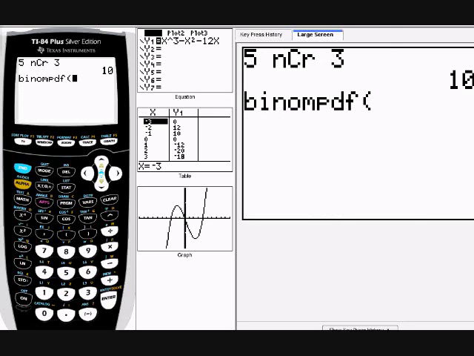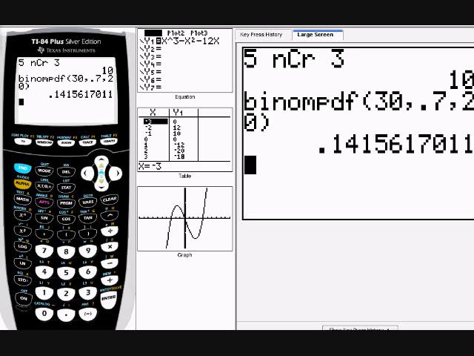So that problem was 30, comma 0.7, comma 20. And now you get the answer that you should have gotten for problem 12 on your homework last night, which is 0.142.